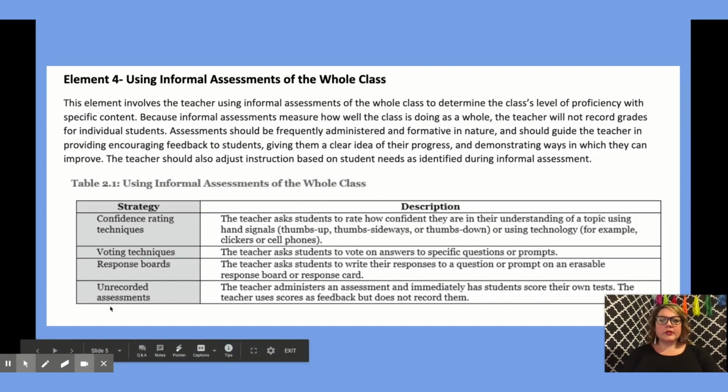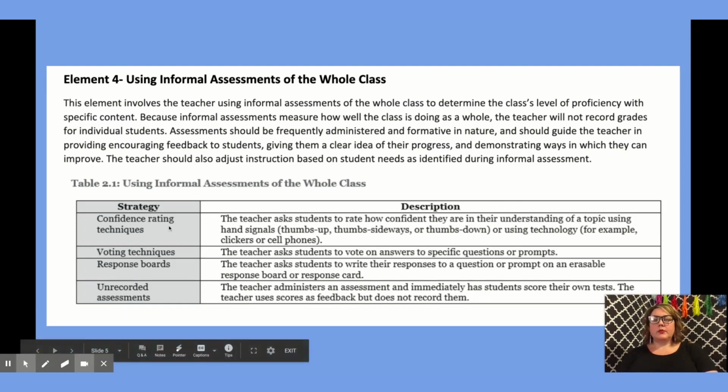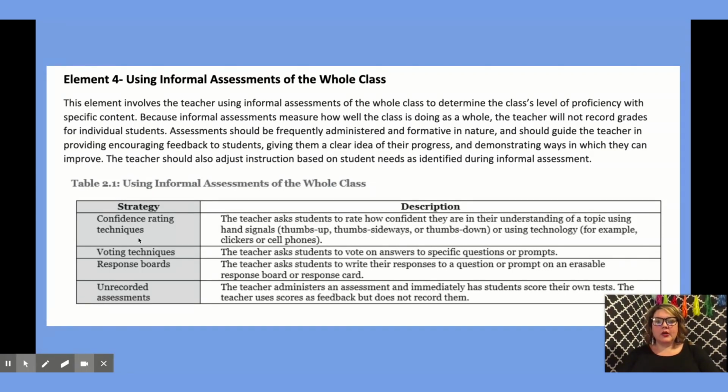And so these are going to be some of those formative assessments that we use throughout our teaching. And a lot of these could fall within our reading of Julius Caesar. Also, notice the confidence rating techniques, like we talked about with our proficiency scale, give students the opportunity to rate their confidence depending on a lesson or a skill that has been presented to them.